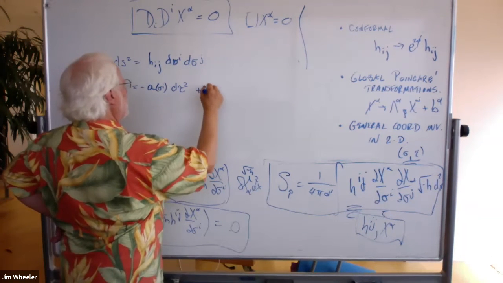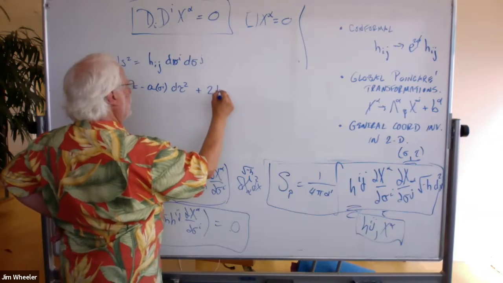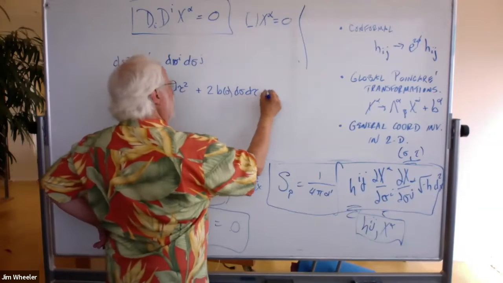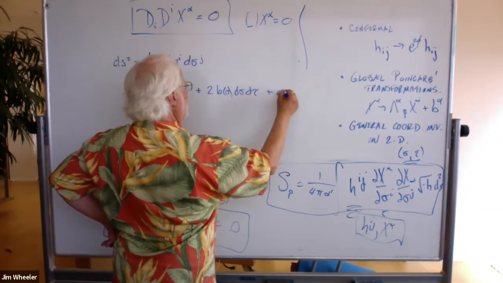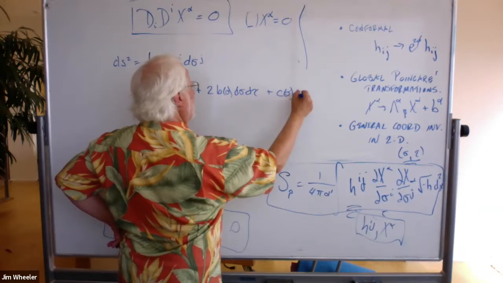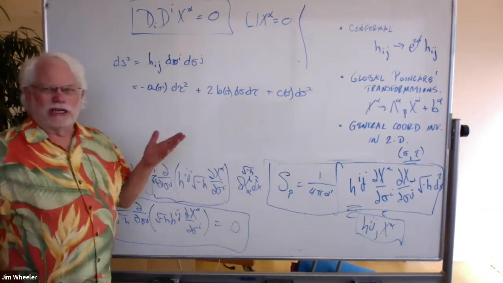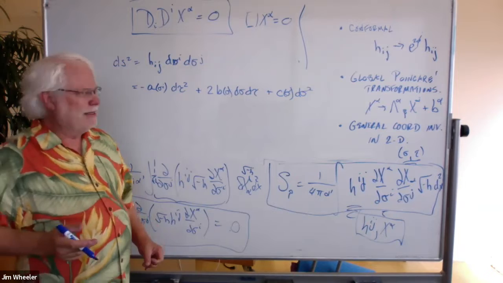And we've got, let me put a 2 here, some other function b d sigma d tau. There could be a cross term, and then we could have some c of sigma d sigma squared, and that's the most general two-dimensional metric we can write.